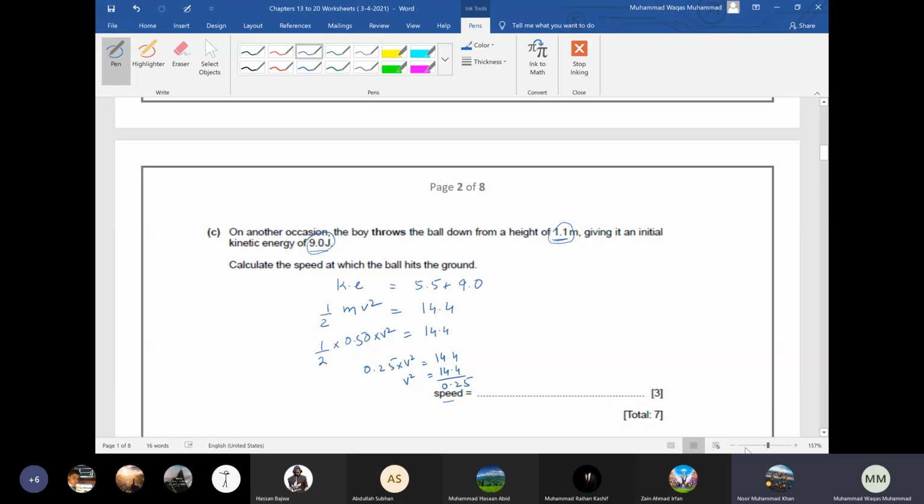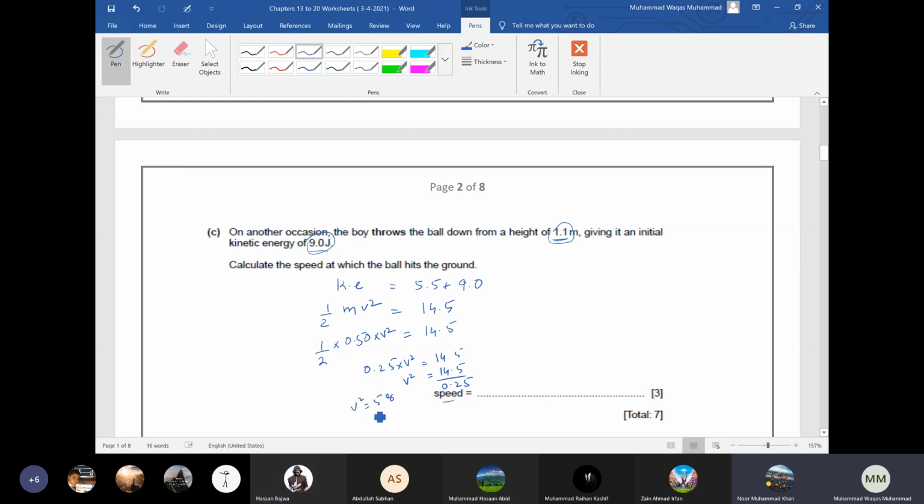It's 58. So beta, we get v square is equal to 58.